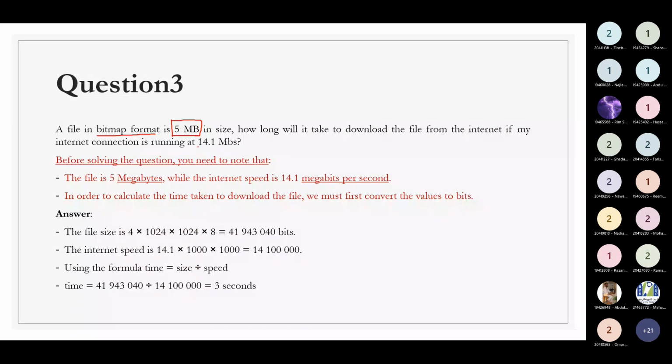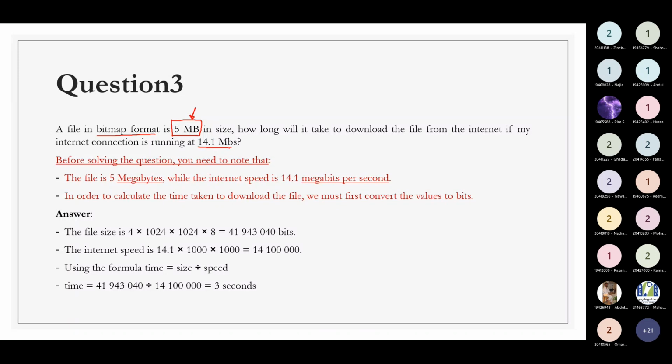As we saw yesterday, we need to use the same units. So we need to convert this megabytes to bits, and this megabit per second to bits per second.